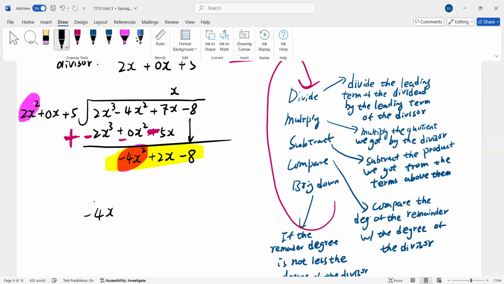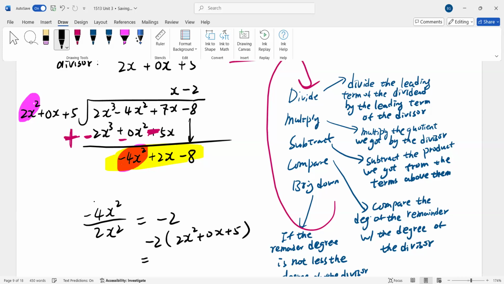So 94x squared over 2x squared. And the quotient is 92. I'm going to put the quotient 92 above the dividend, right? And that's divide.